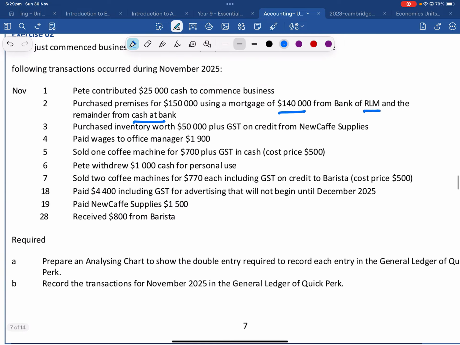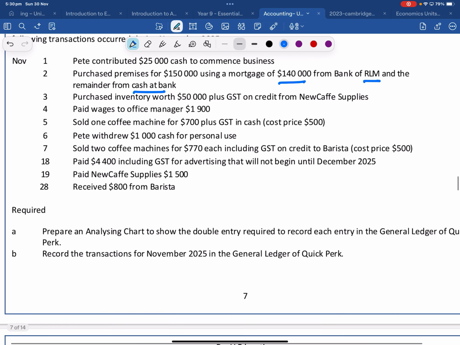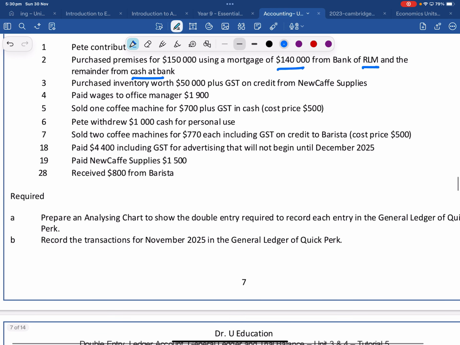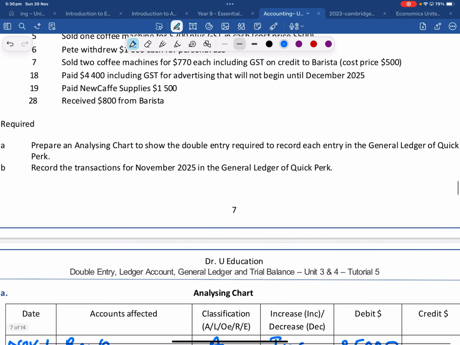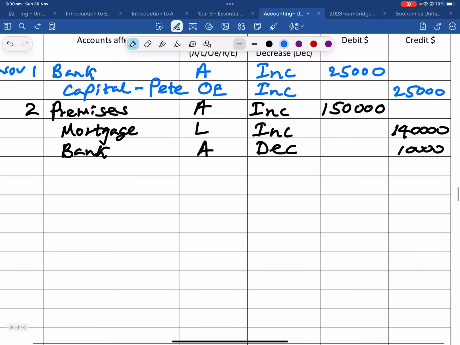Okay, guys. Right. Next one. Third. Purchase inventory worth 50,000 plus GST on credit from New Cafe Supplies. So what happens? What are the items affected? Inventory.